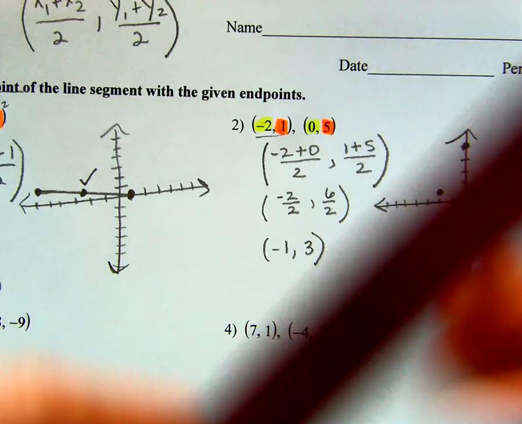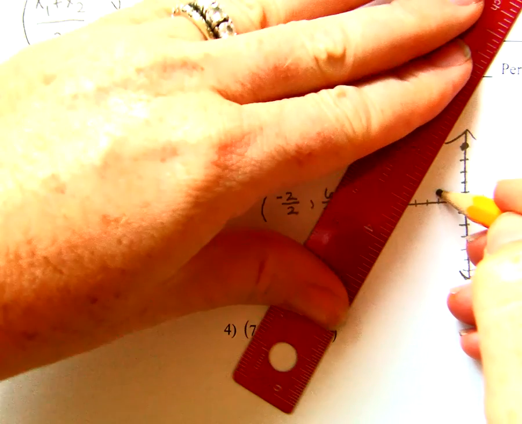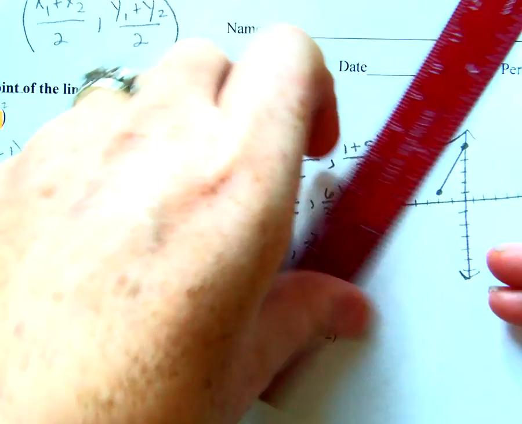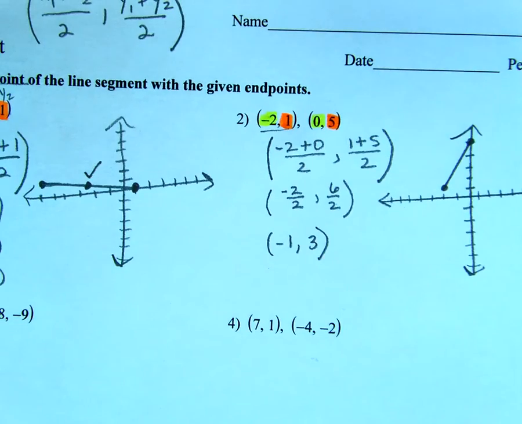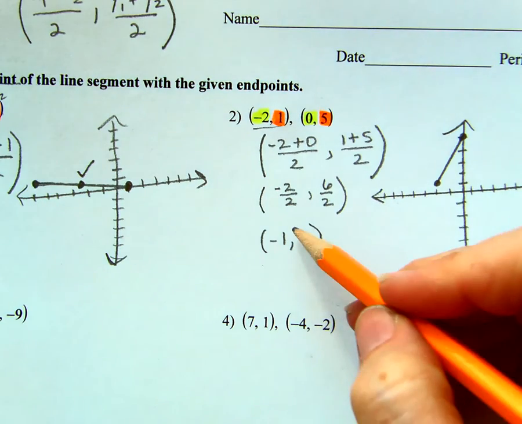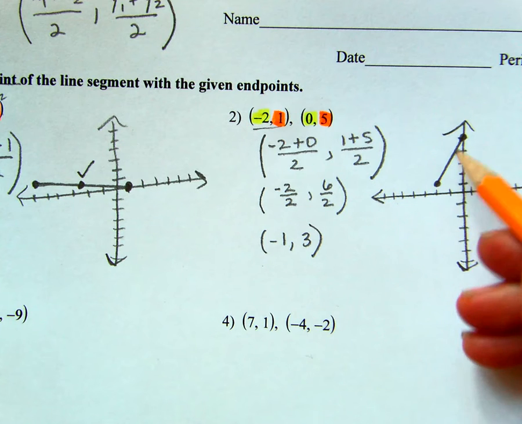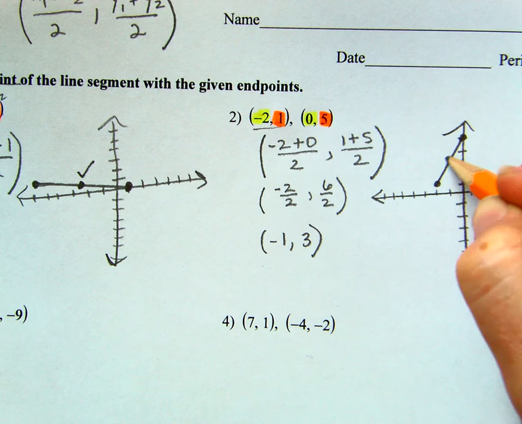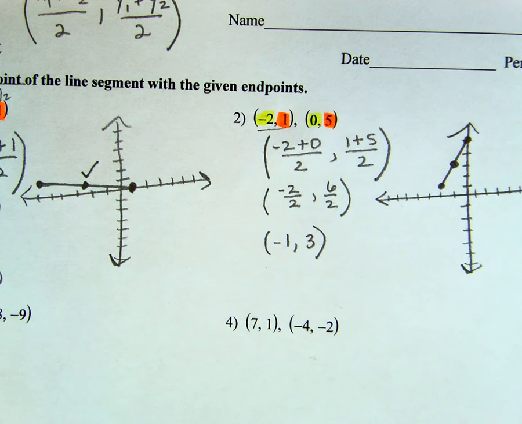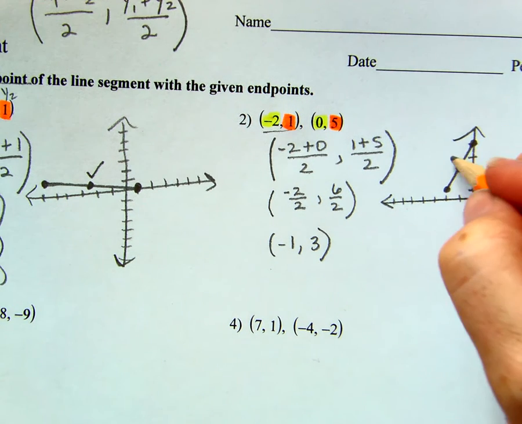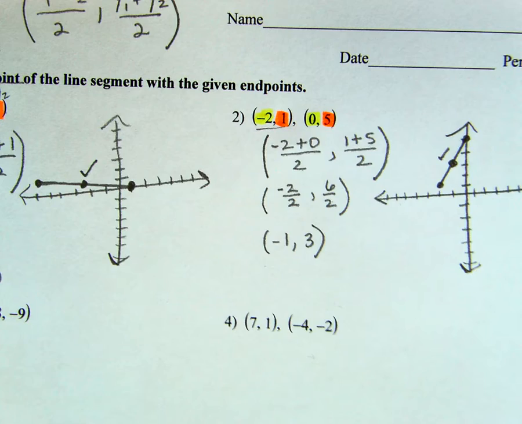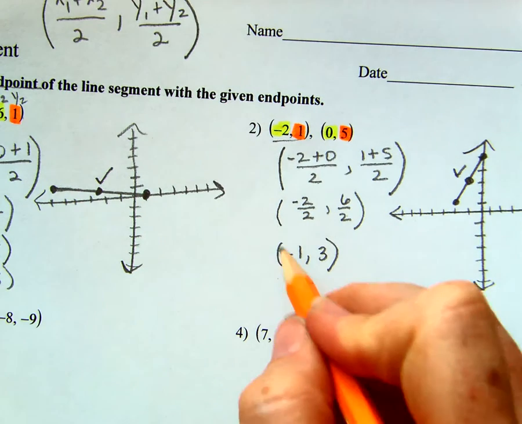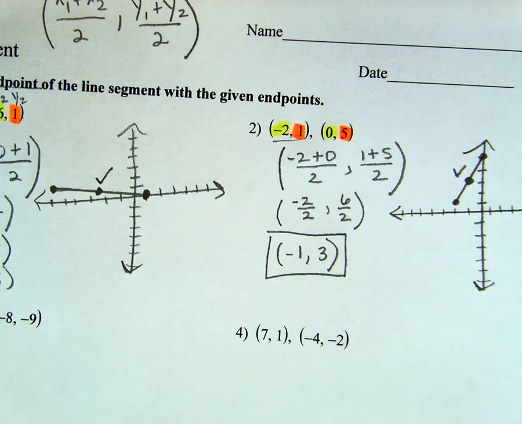So here's my line segment that I'm trying to find the midpoint of, or halfway between the 2 points. And then I'm just checking the point negative 1, 3 to make sure it's actually falling in the middle of this line. So negative 1, 1, 2, 3. And of course, I'm not perfect here because of not having graph paper, but it does indeed look like it's in the middle. So I feel pretty confident that this is going to be the midpoint.